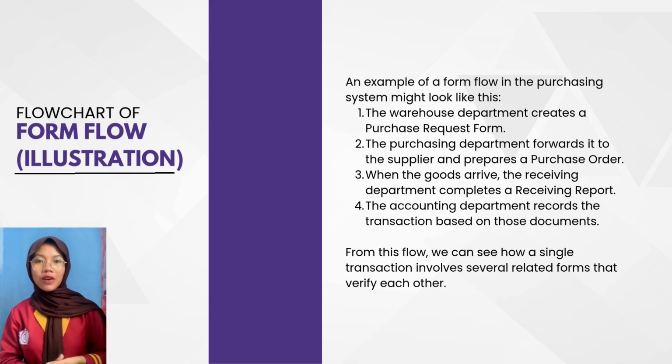When goods arrive, the receiving department will fill out a receiving report. And 4. Finally, the accounting department records the transaction based on all these documents. From this flow, we can see how a single transaction involves several interconnected forms that verify and support each other.